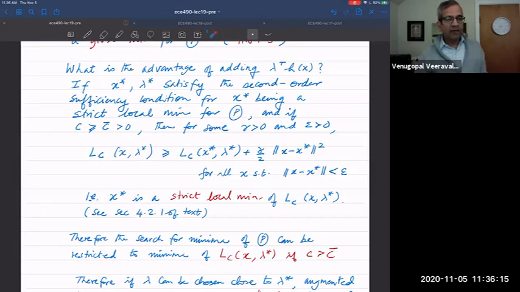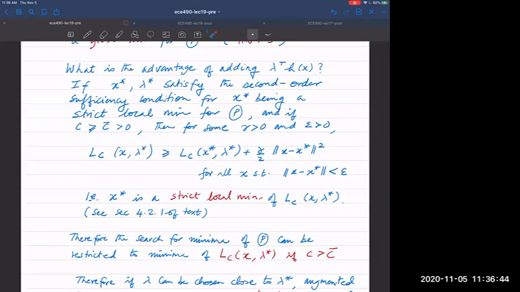So any local min for P will also be a local min for the augmented Lagrangian, as long as C is bigger than some threshold. So I can restrict my search to local minima of the augmented Lagrangian. That makes more sense now.